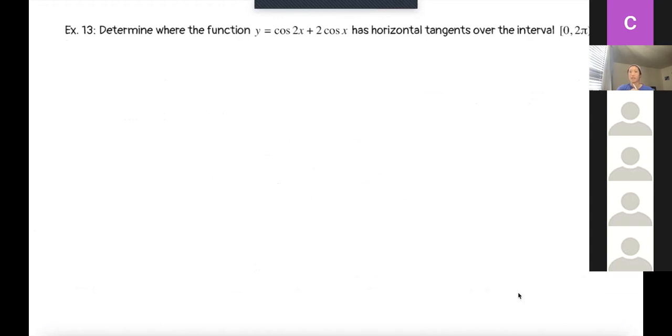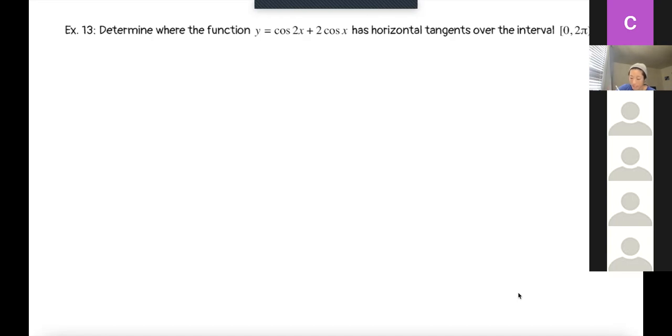So like 3.5 was about trig. 3.6 is about chain rule, but sometimes we use them together, okay? 3.3 was where we learned about horizontal tangents, but we can still use that idea with new types of functions, okay?